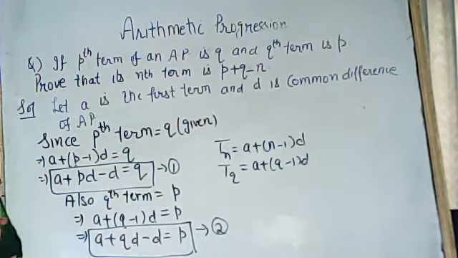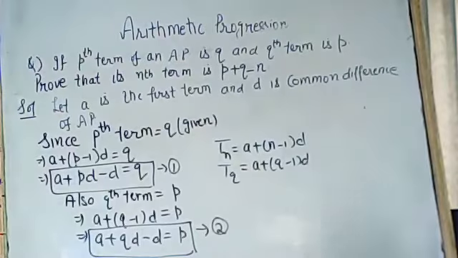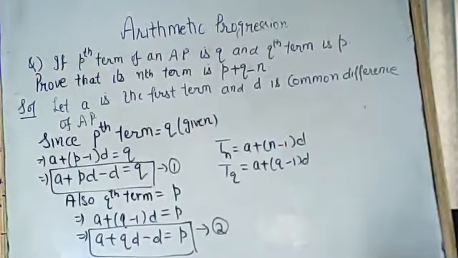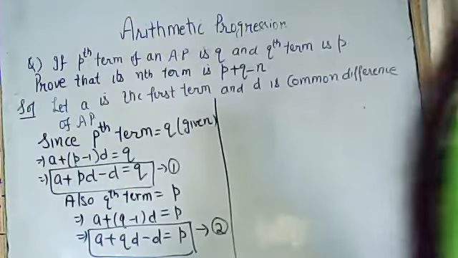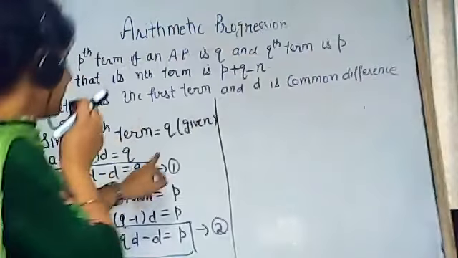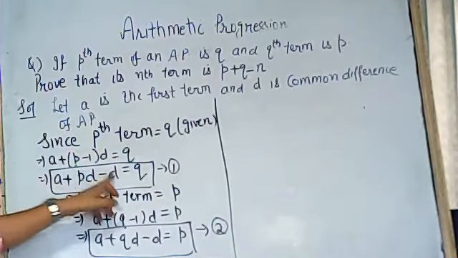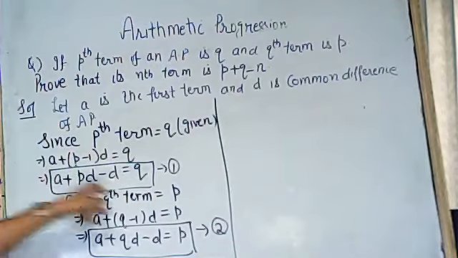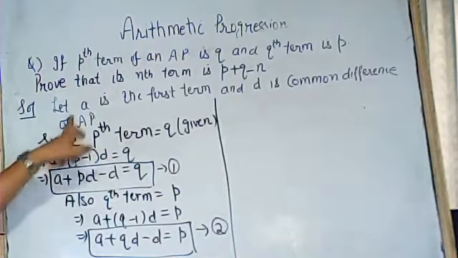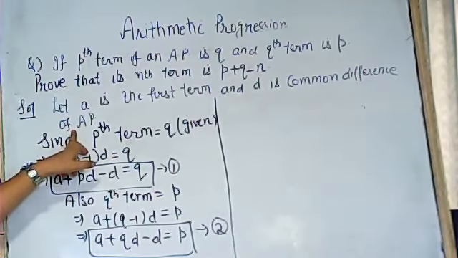So this will be our equation number 2. By using the two given relations, we get two equations, equation number 1 and 2. Now by using equation number 1 and 2, we are going to calculate the values of A and D, where A was the first term and D was the common difference of the given sequence.